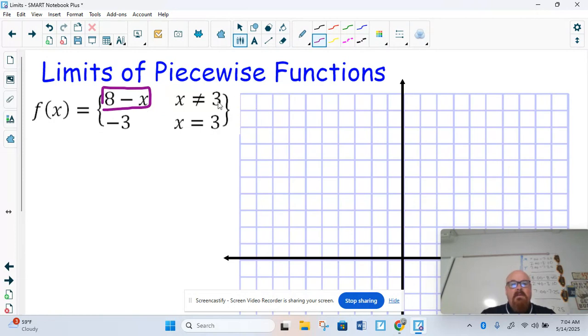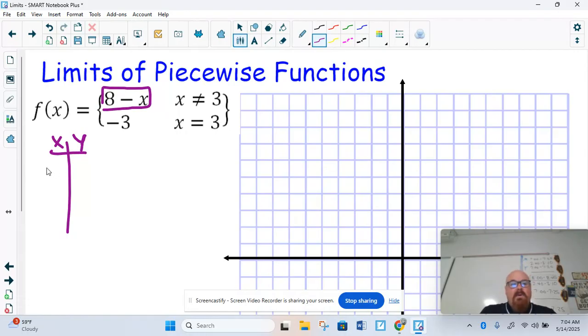Okay. Now, a little explanation on what these domains are. We're graphing this function for all values of x that are not 3. So if you did create a table of values from this, you could pick any numbers that you want besides 3 to plug into this function, right?